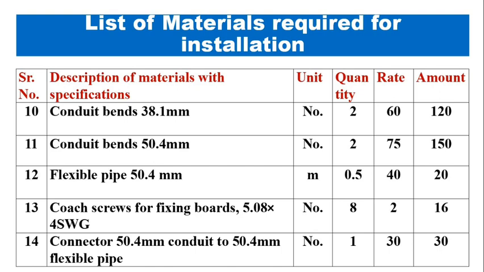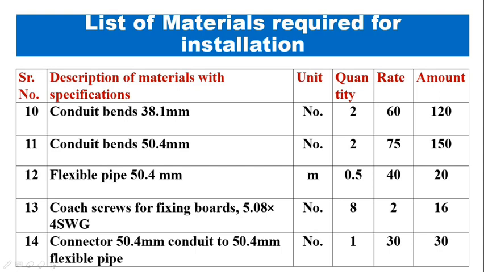So two bends you have taken. You can take the approximate rate or price, the present market price. So here 38.1 mm is 60 rupees per bend, so total is 120.